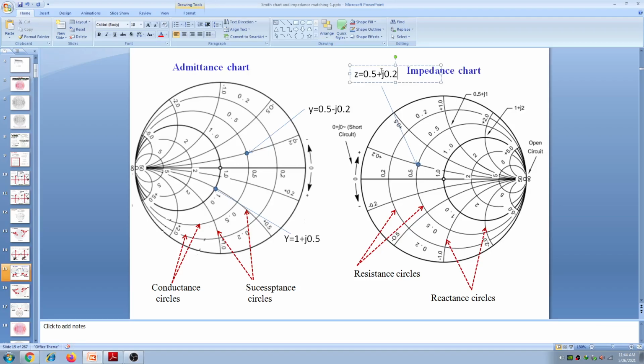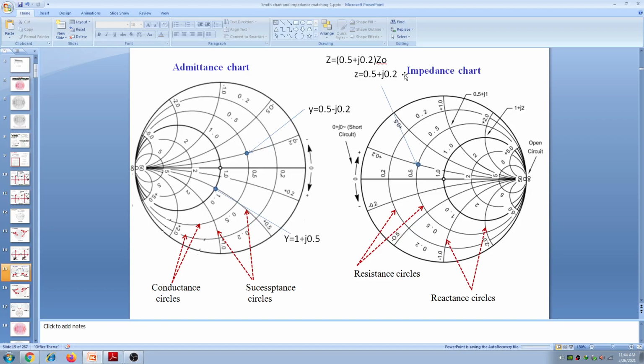Normalized impedance. To get the actual impedance, what do we have to do? You should multiply by Z0, the characteristic impedance. Then you will get the actual impedance, capital Z. Whatever you read from the Smith chart is normalized.